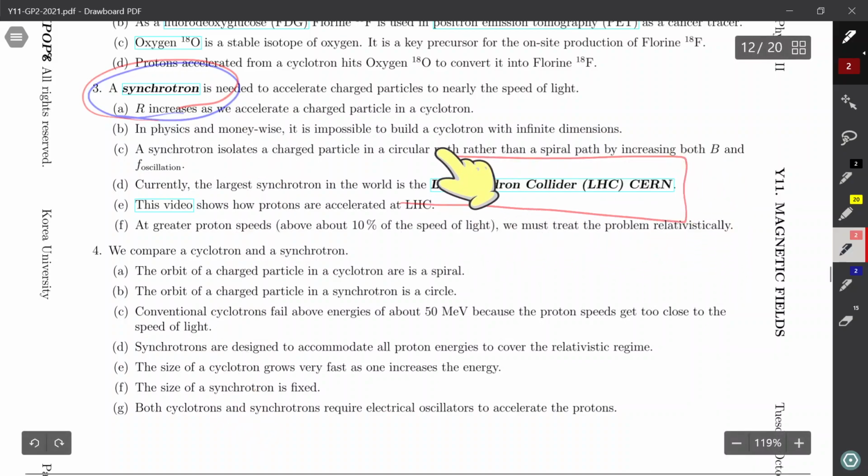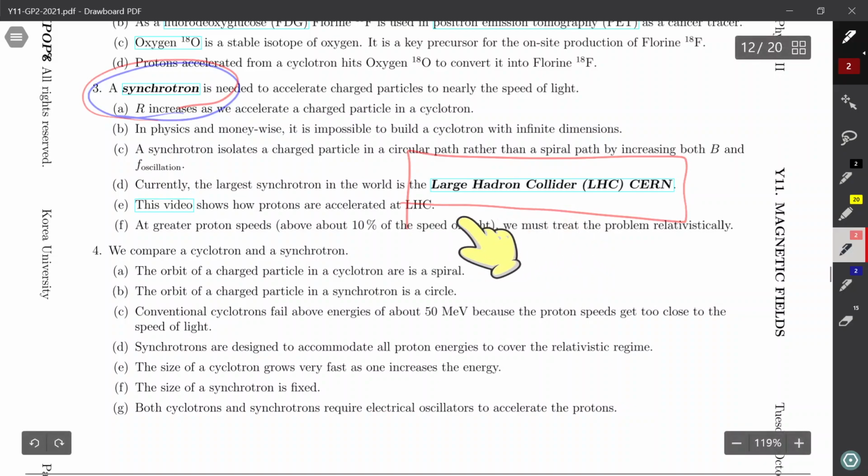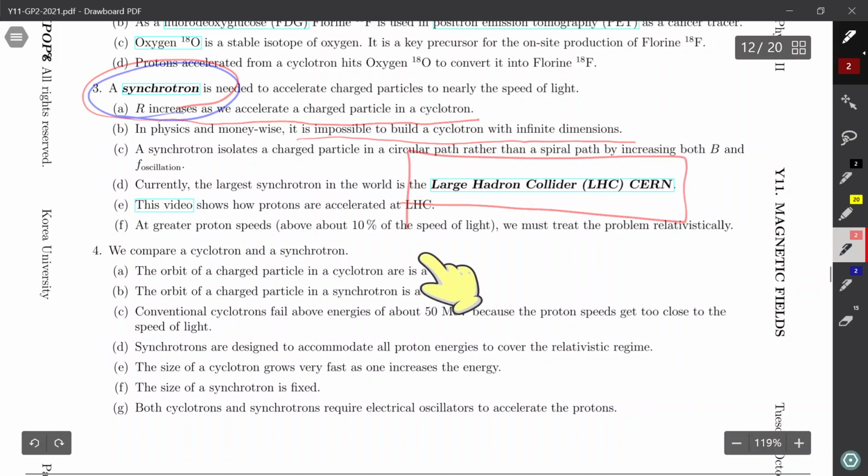Right now the world's largest synchrotron is called the Large Hadron Collider. Here, R increases as we accelerate the charged particle in the cyclotron. It is impossible to build a cyclotron with infinite dimensions. The synchrotron keeps a charged particle in a circular path rather than a spiral path, as in the cyclotron, by increasing both the B and the frequency of oscillation.